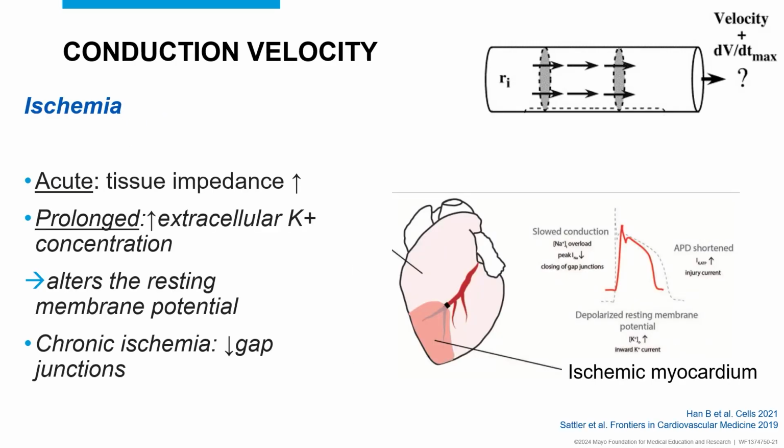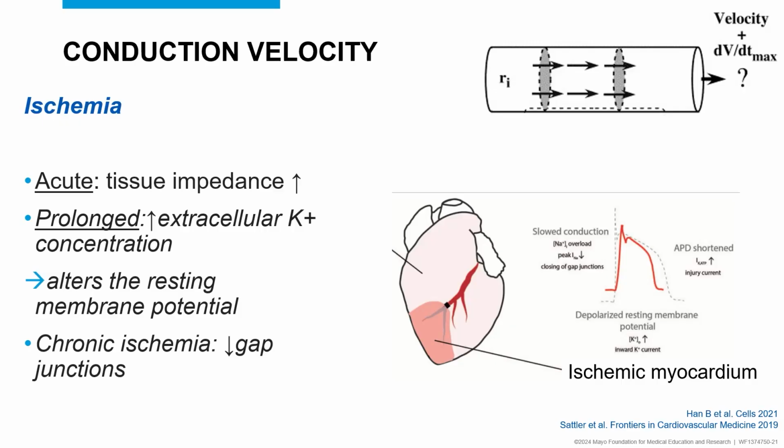What about ischemia? This also acutely will change the tissue impedance and the resistance. It goes up immediately as you make that artery or that tissue ischemic. If you prolong the ischemia, you're going to change the potassium. The sodium potassium ATPase needs ATP. If it's ischemic, it can't use it.